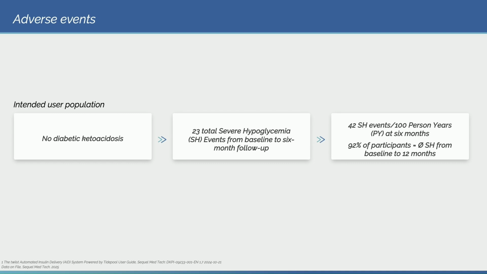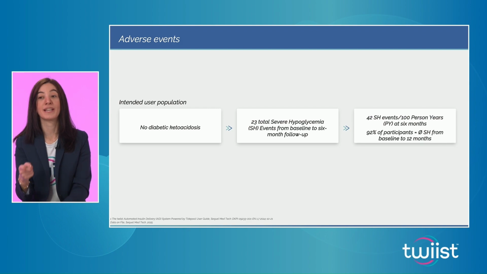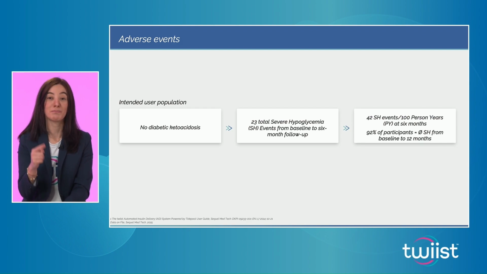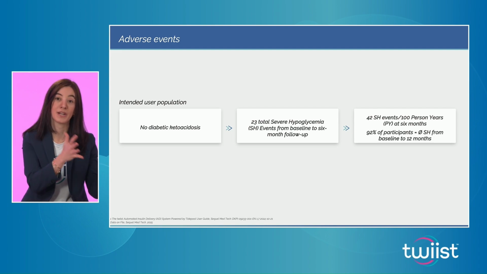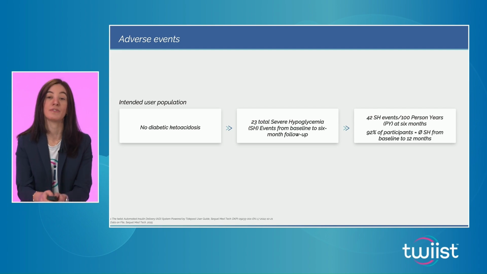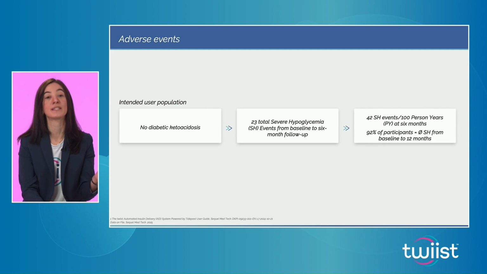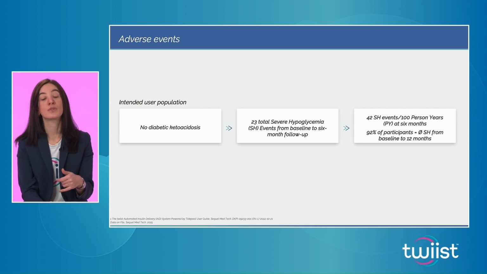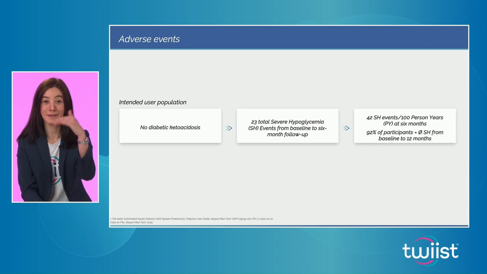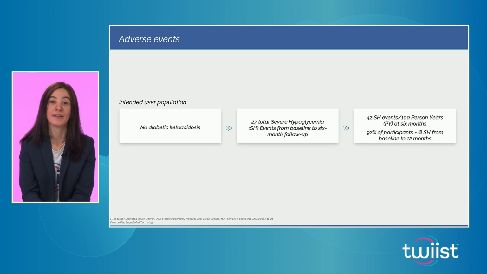And so the majority of the hypoglycemic events were actually experienced by the minority of people, and those are the ones who had hypoglycemic events prior to even being in the study. But even in that subgroup of people who had severe hypoglycemia prior to starting the DIY algorithm, they actually saw an improvement after starting the DIY.